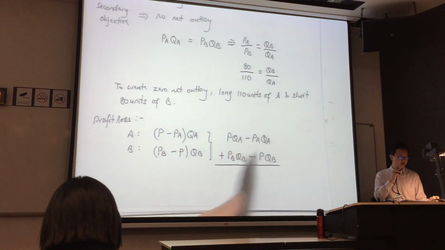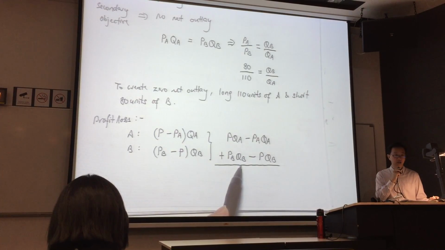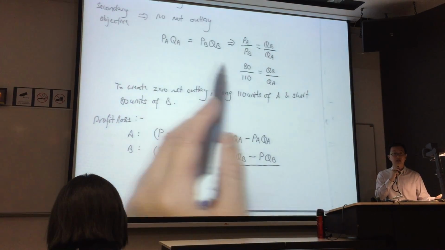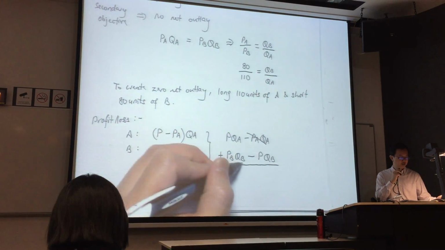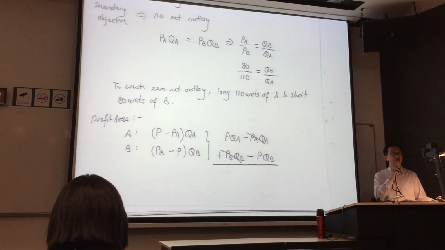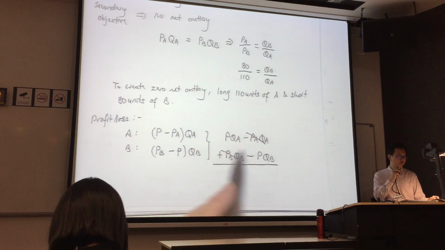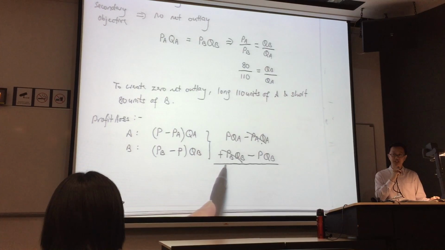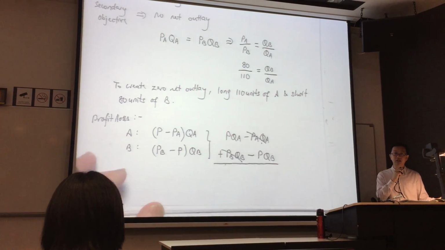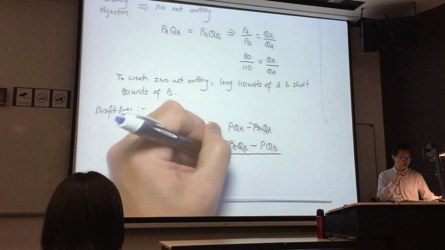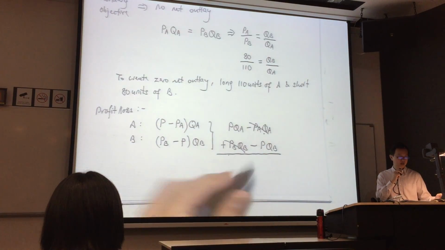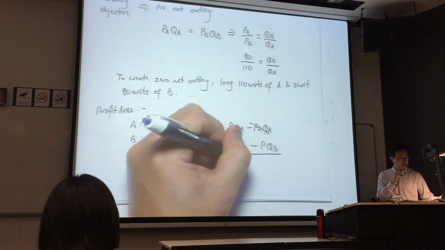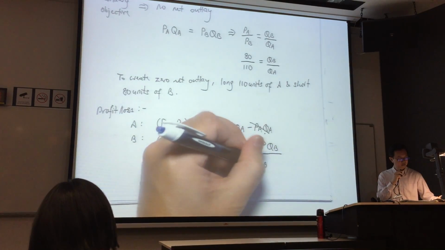What is PAQA compared to PBQB? They are the same, right? We say that we are going to set no net outlay today. So this basically cancels with this. This is the profit and loss from A, and the profit and loss from B, so we add them together. This thing will cancel out with this. So the profit of the pair trade will be, you take out P as a common factor, so it's P multiplied by QA minus QB.